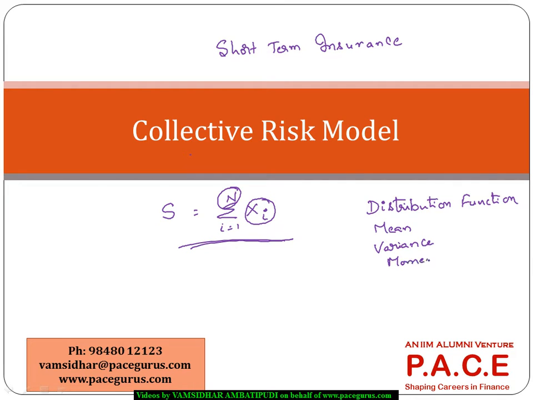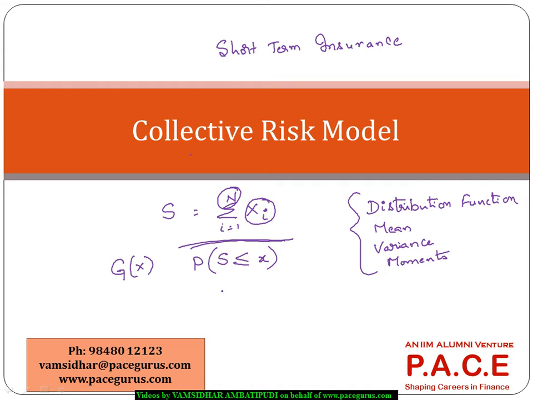So this is what typically we are interested in going forward. And when we are looking at the simple distribution function, let's say g of x, which clearly specifies the probability that S is less than or equal to x. So this is what we are calling a distribution function.